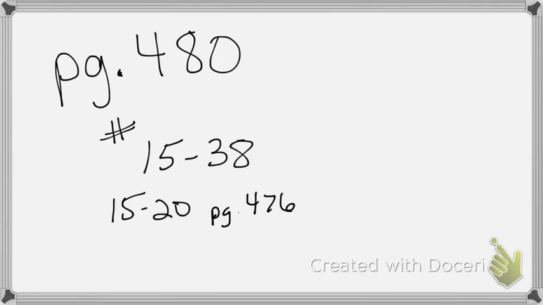All right. Now, for numbers 21 through 38, that's what we just got done doing. Okay, we're factoring each polynomial. Now, this is where we're factoring by grouping. Okay, that's what we just got done with.